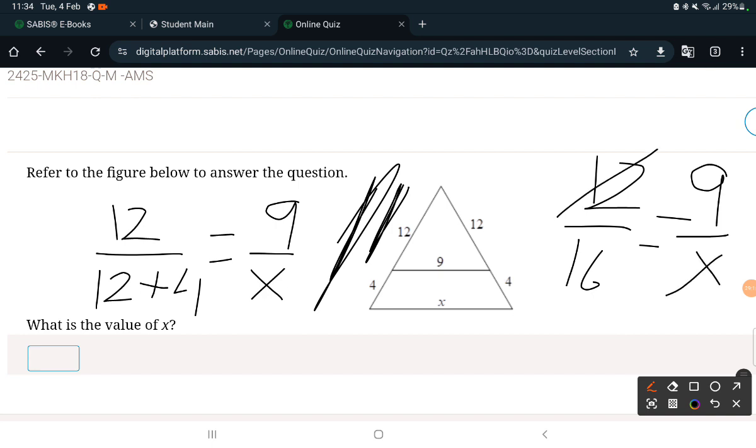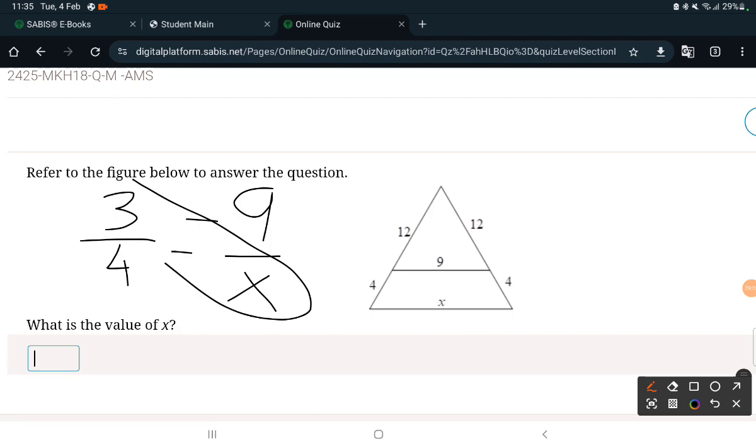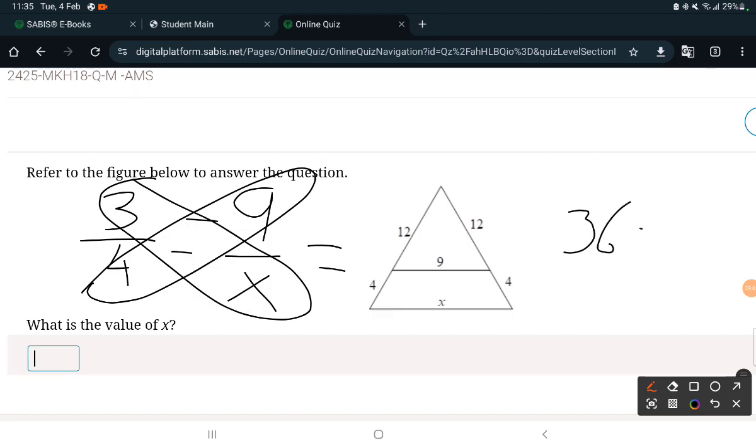Divide by 4 up and down, that will be 3 over 4, equals 9 over x. So 3 over 4 is equal to 9 over x. Cross multiply. We get 3 multiplied by x is 3x. 9 multiplied by 4 is 36. So we have 36 is equal to 3x.